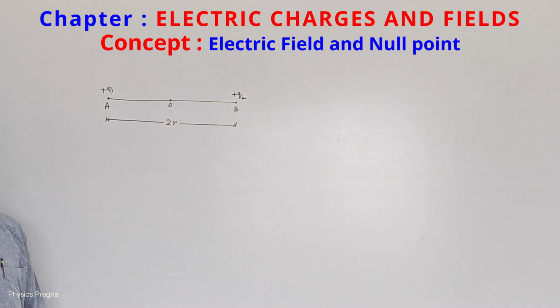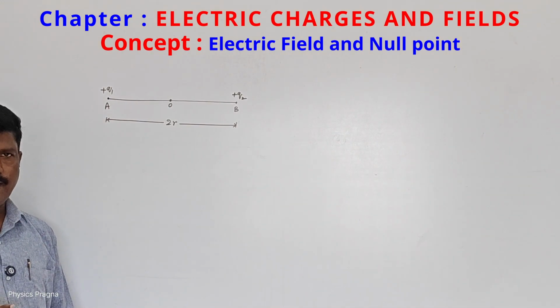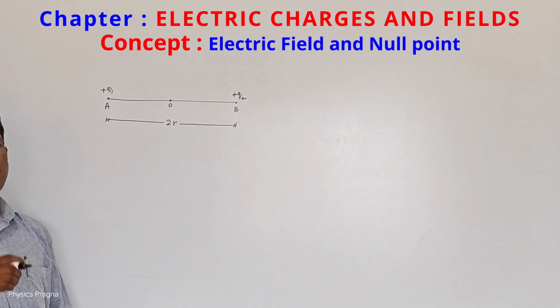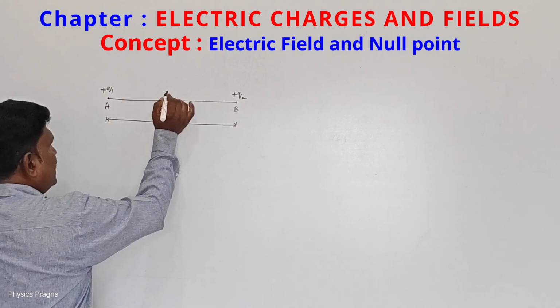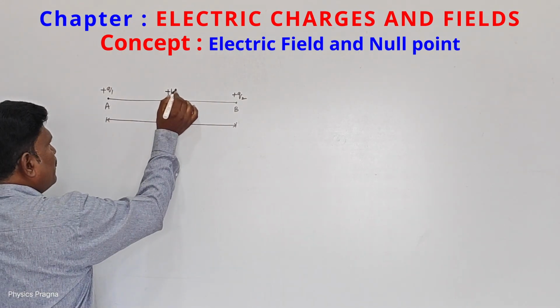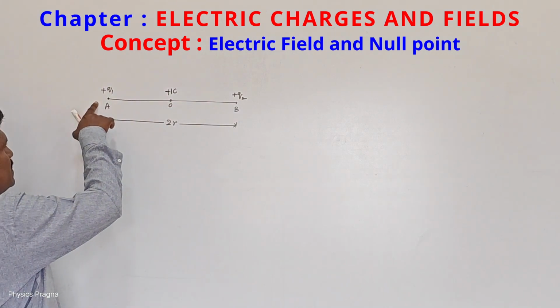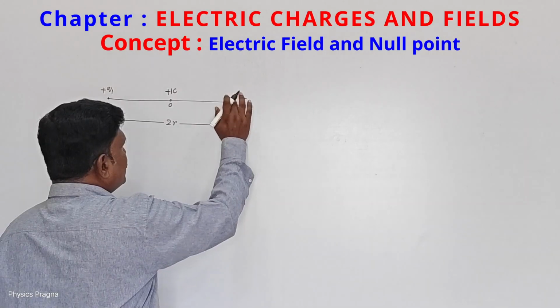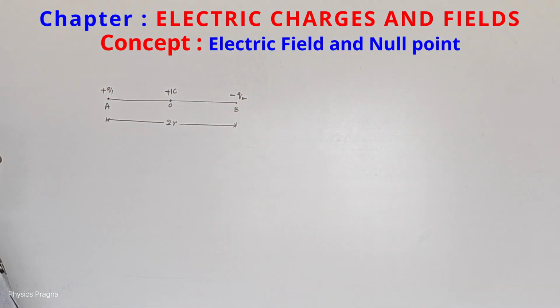Whenever in any problem you've been asked to find the electric field at a point, you just assume that one unit positive charge is there at that point. At this point, one unit positive charge is there. This charge is positive and this one is negative.